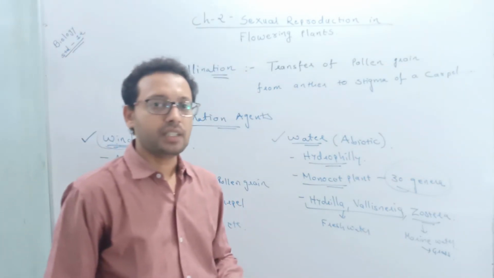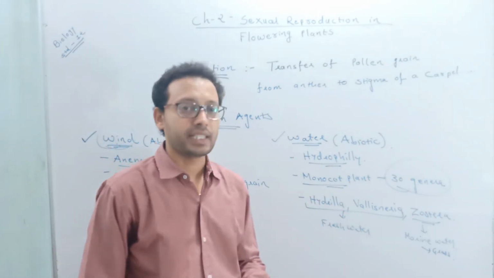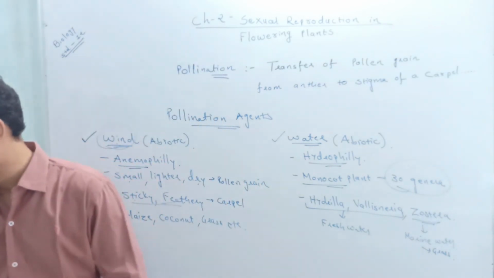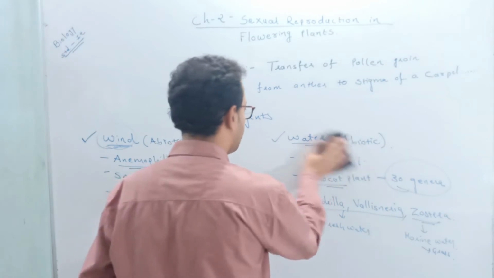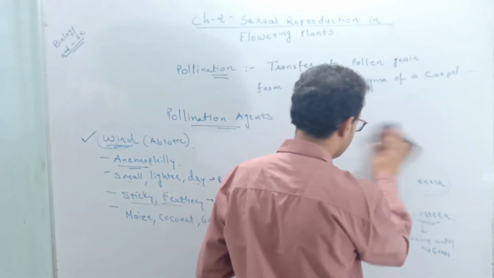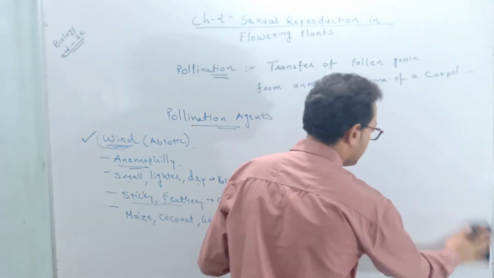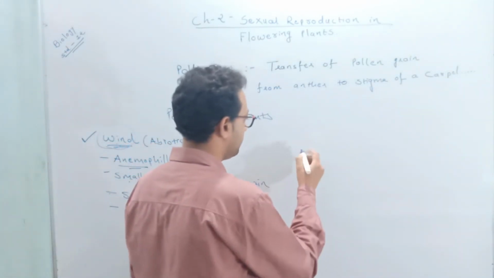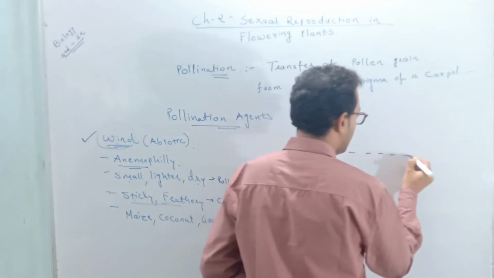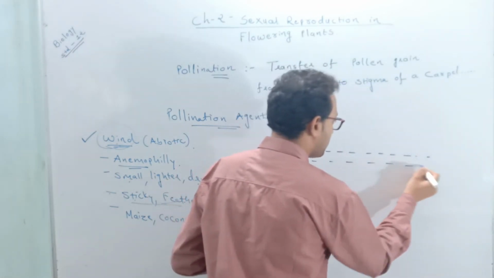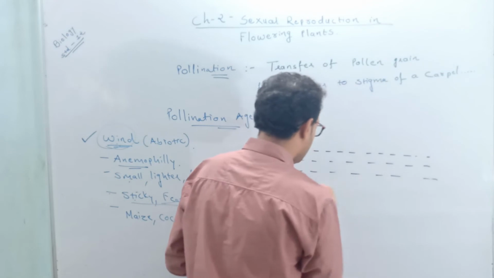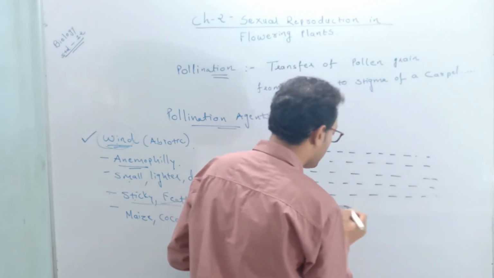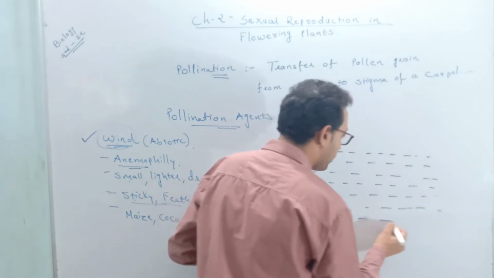Now we have to understand how the pollination occurs in these cases. Let's understand with the example of Vallisneria. Suppose this is water. The plants that pollinate with the help of water are usually aquatic plants, meaning they grow in the water.